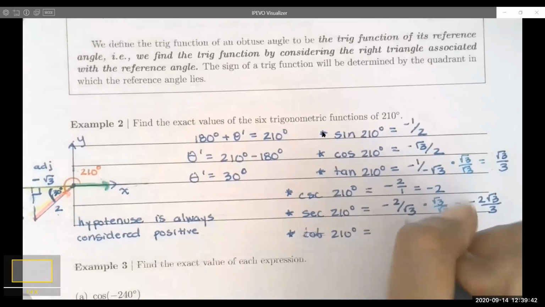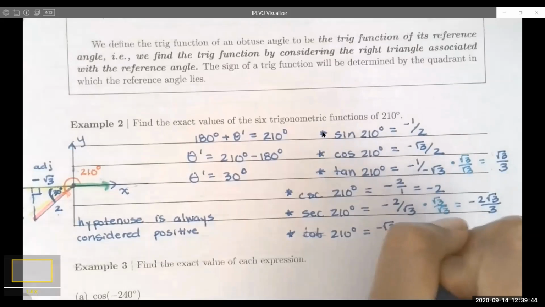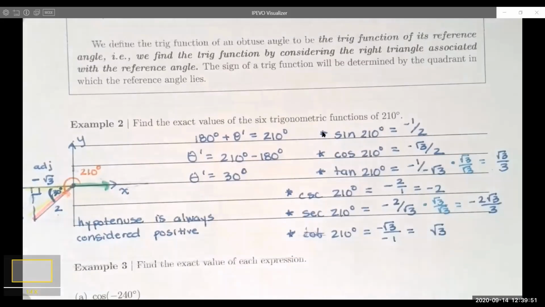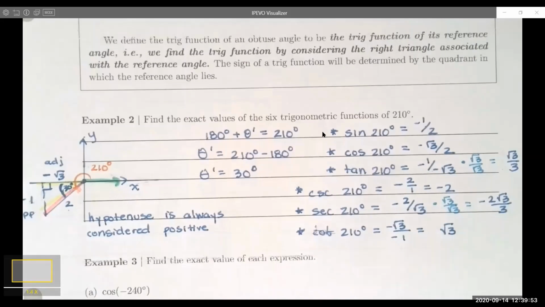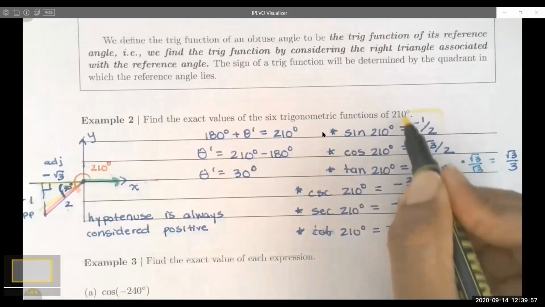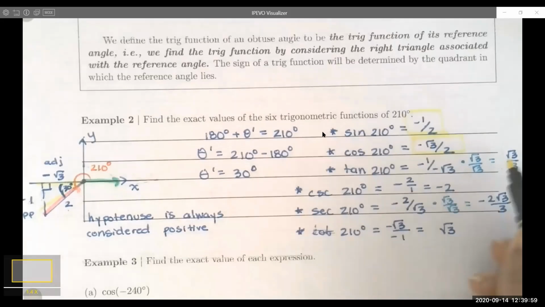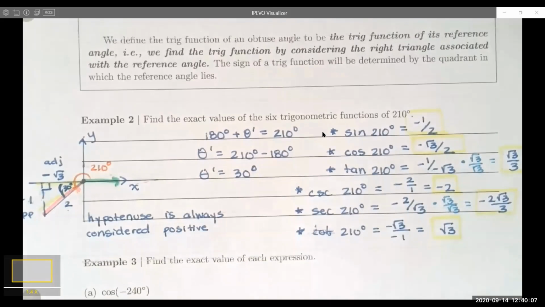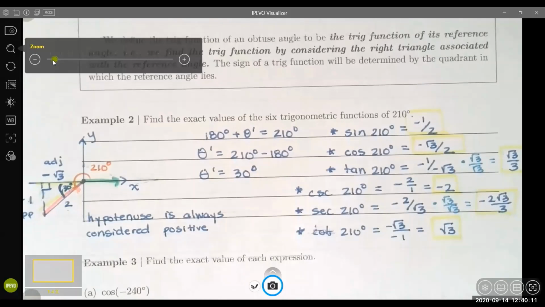So we're going to have a negative radical 3 over negative 1, which is simply going to become a radical 3. And so that would be our final answer, or answers for that problem. And I'll zoom out a little bit so we can see the full diagram.